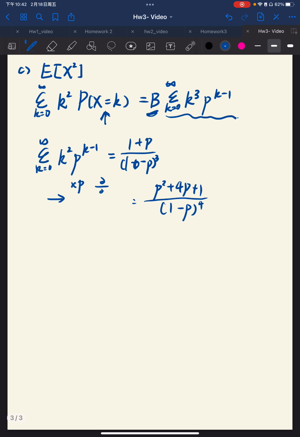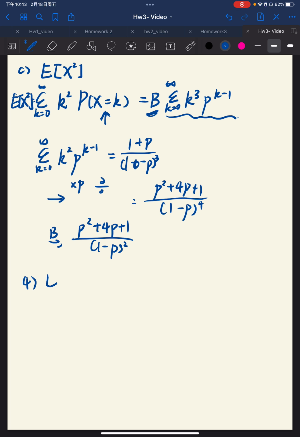And then we multiply b on both sides, which gives the expected value of X squared: (p squared plus 4p plus 1) over (1 minus p) squared.